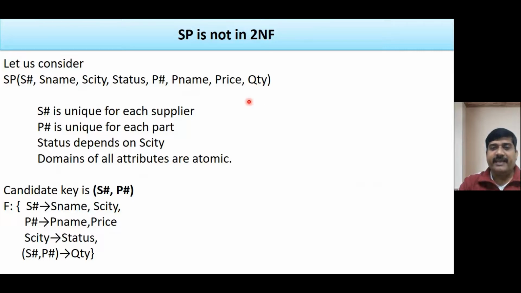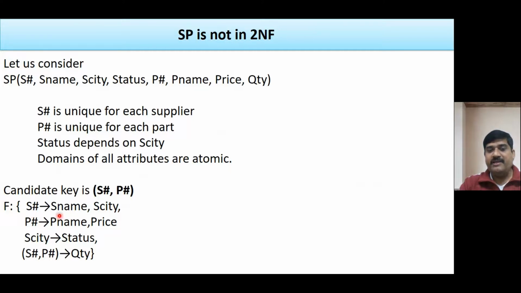According to the definition of the second normal form, all the non-key attributes should be fully functionally dependent on the candidate key. Here, the candidate key is S number, P number, and there is only one candidate key on this table. So key attributes are S number, P number, and non-key attributes are S name, S city, status, P name, price, quantity. See here, non-key attributes are dependent on part of the candidate key.